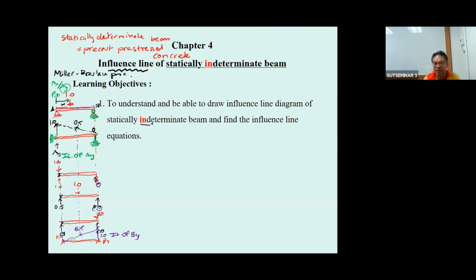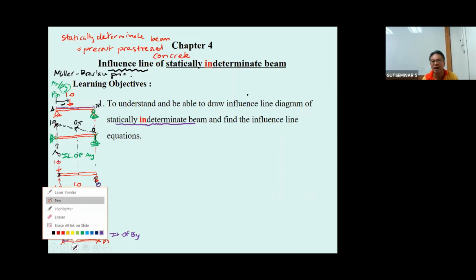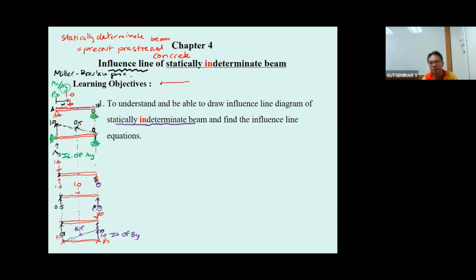So next, when we change this beam into a statically indeterminate one, for example, let me use this one. This one has the pin as before at A, and the roller at B. However, I add a support at C here.